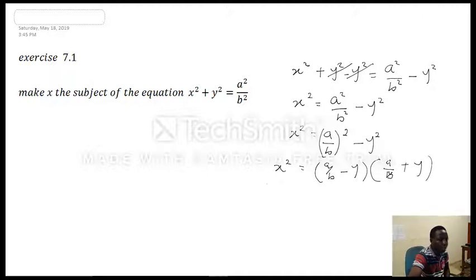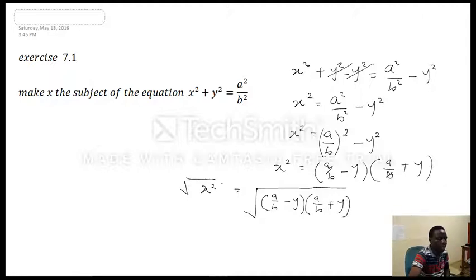So getting the square root of both sides, you have square root of x squared is equal to square root of bracket a over b minus y multiplied by bracket a over b plus y.